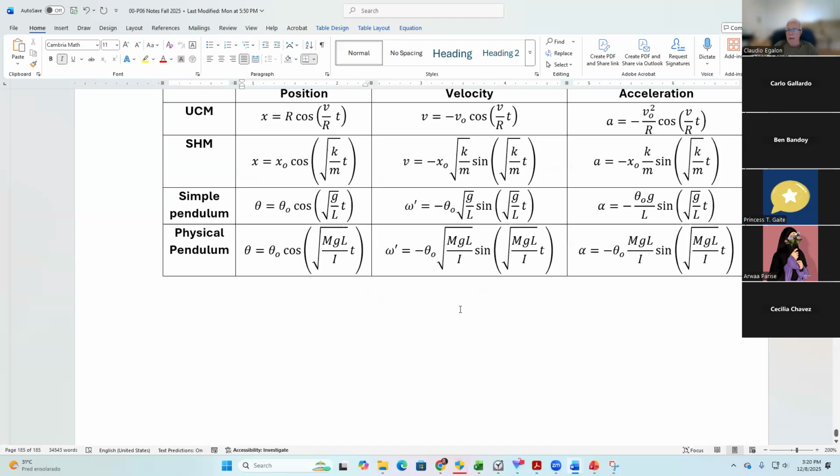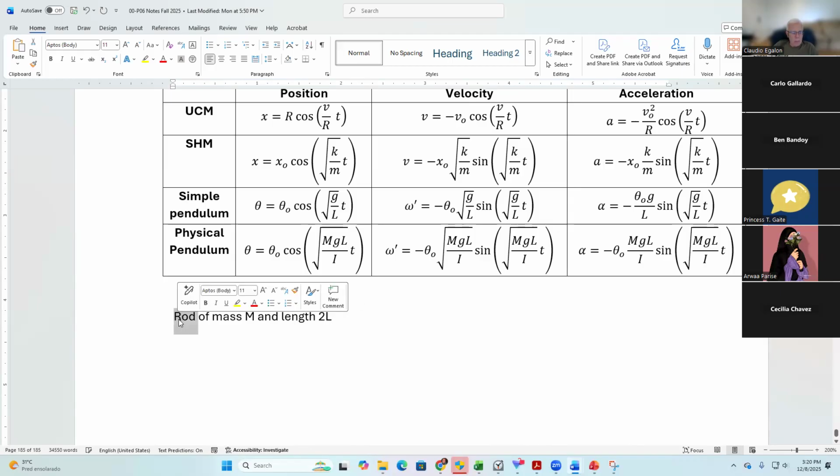Okay. And now we can suppose that we have a rod of mass M and length 2L. Let's put here a rectangular strip of mass M and length 2L, with the longest length 2L.